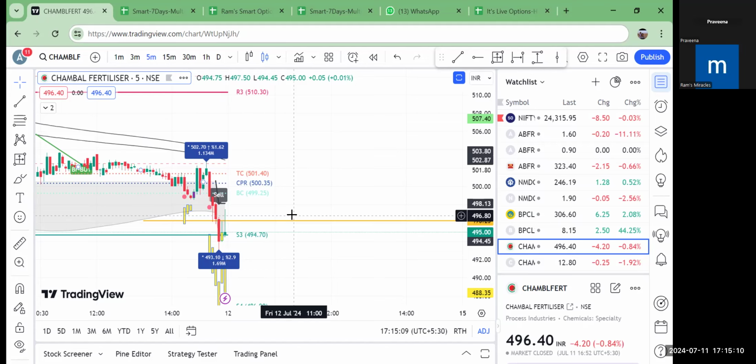If we take the average, it is 497.9. Let's take it as 498.